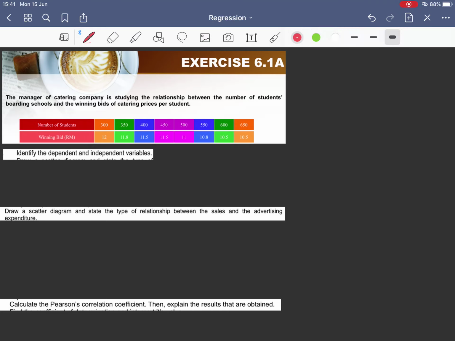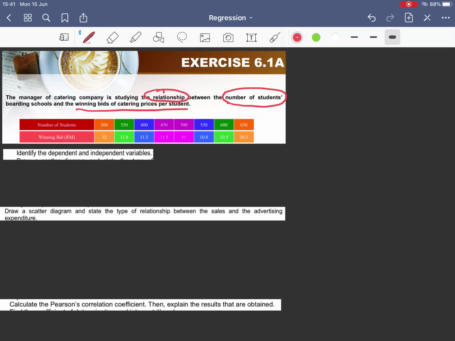So if we look at here, there are two variables. The manager wants to study the relationship between the number of students in the boarding school and the winning bid catering price per student. So there are two data here, number of students and the winning bid price.